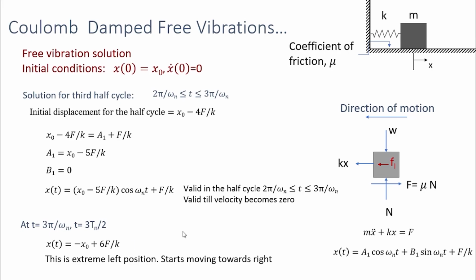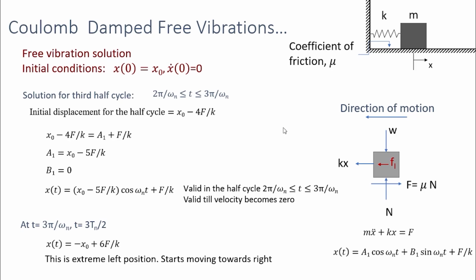So at the end of the previous half cycle, it was x naught minus 4f by k. So at the end of third half cycle, it is minus x naught plus 6f by k. This is the extreme left position.